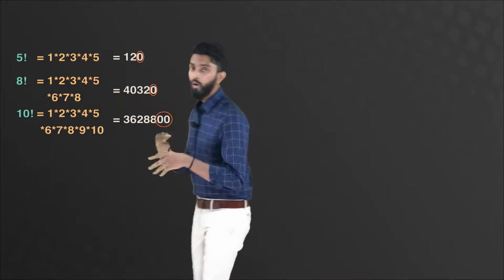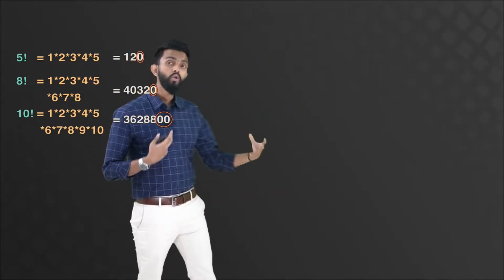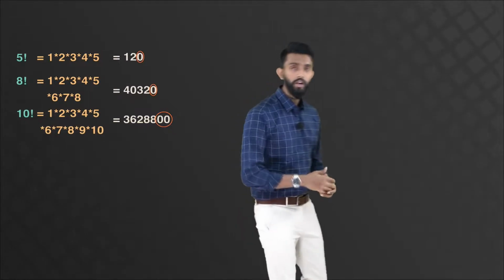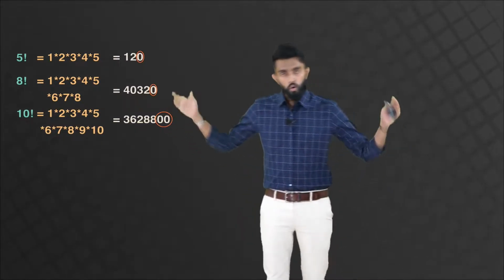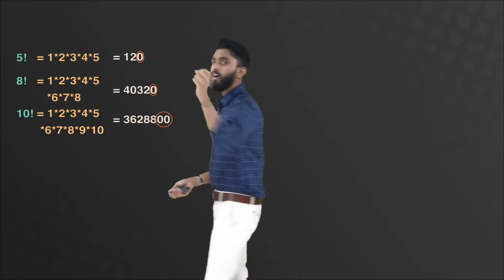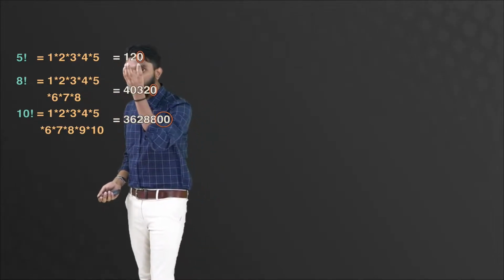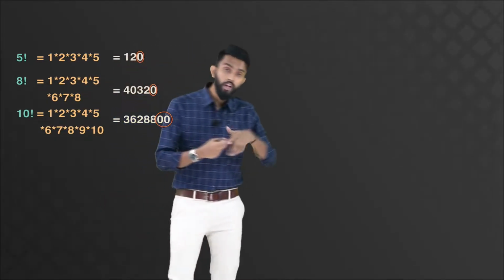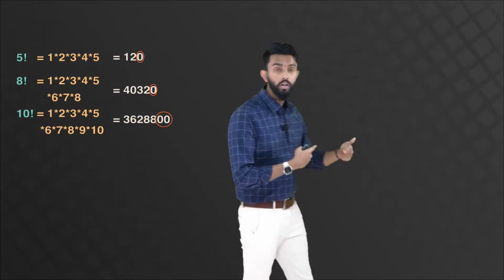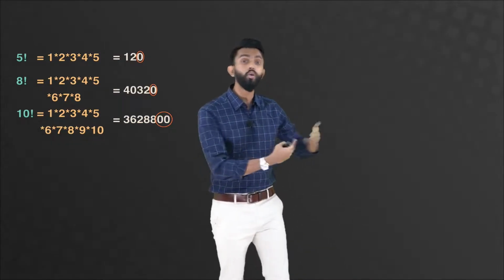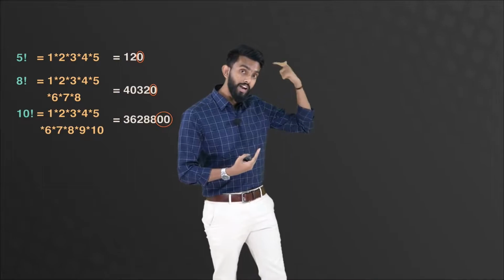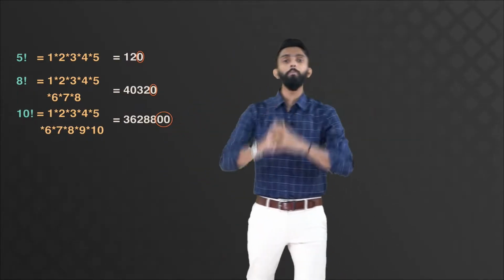Now, how are we going to write a program which is going to calculate this for us? There are 2 approaches. One is to go through the hard approach. First calculate the factorial, then take the final product. After that, start counting how many zeros are there, but not all the zeros, only trailing zeros. If you start creating the logic in your mind, you might understand that it is quite complex.